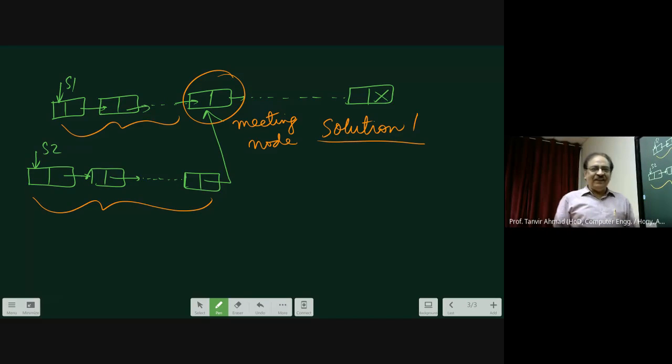Now what I do is that I take one pointer over here, maybe called, say, temporary 1, and one pointer over here called temporary 2. Okay. Now I write two loops.